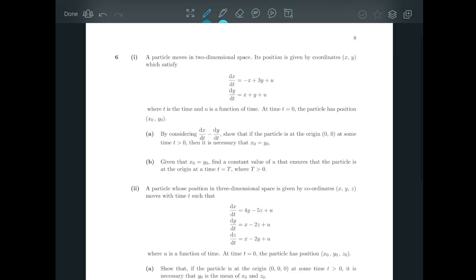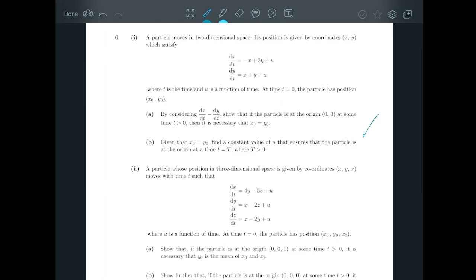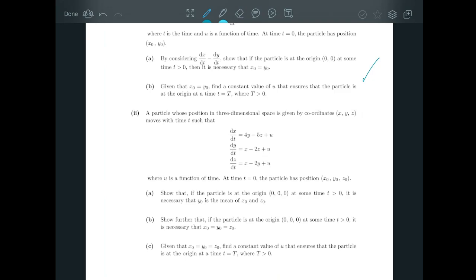We've now got triple simultaneous equations. Show that if the particle is at the origin, it is necessary that the y naught is some condition. Well, I'm sure I'm going to apply some version of part A. Show further it's at the origin later, then it's necessary that it started at the same point. Okay, that again seems reasonable.